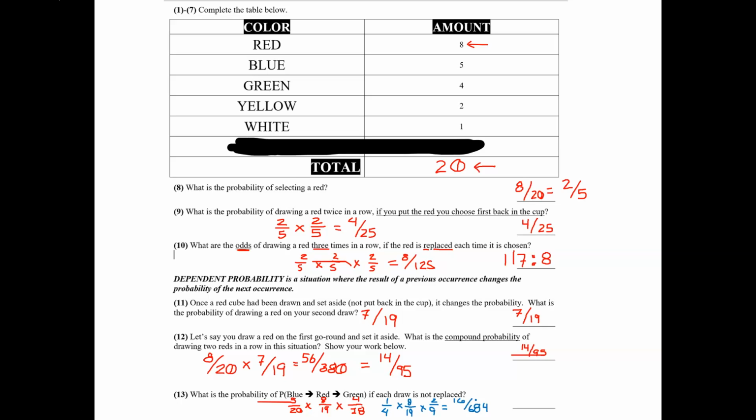So 16 divided by, let's say, 4 is 4. And 684 divided by 4 is 171. So the probability of pulling blue, then red, then green is 4 over 171 if you are not replacing the cubes whenever you pull them out.